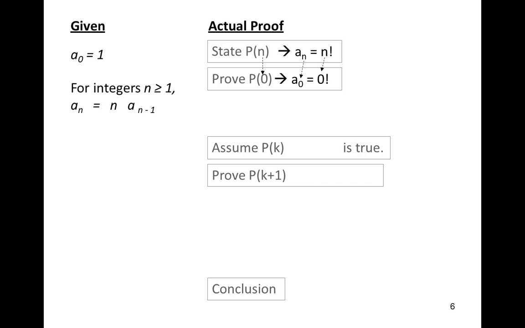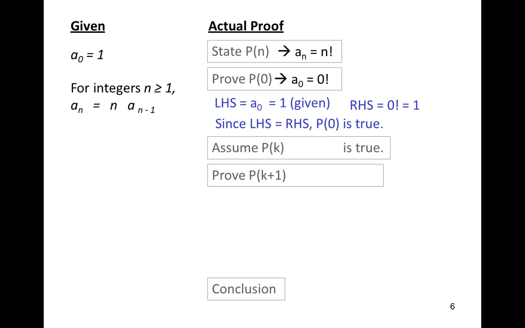To prove that, we show that the left-hand side, which is equal to a naught, is actually given to be 1, while the right-hand side, which is equal to 0 factorial, evaluates to 1 as well. Since left-hand side is equal to right-hand side, the property is true for n equal to 0.